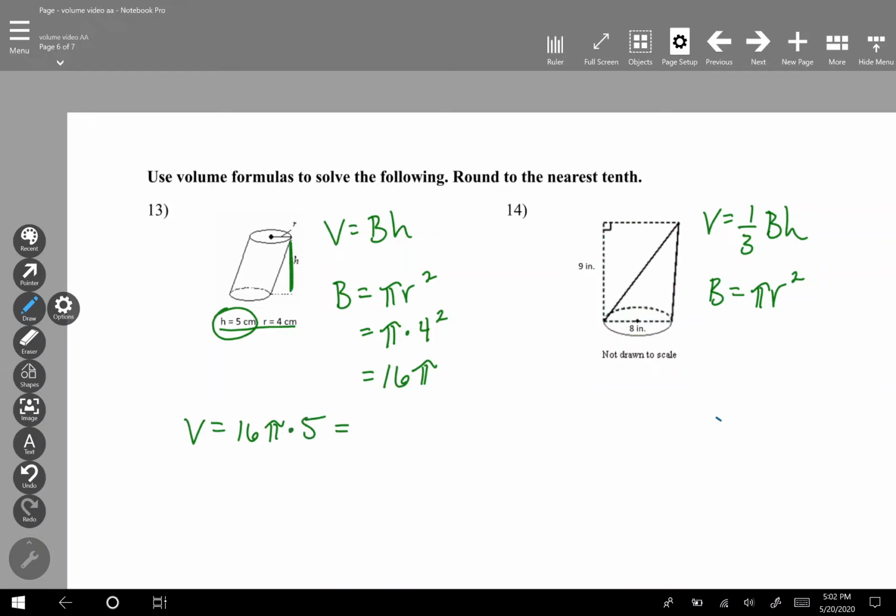So I'm going to have it in terms of pi first, so 16 times 5, that's 80 pi. If I want to round it to the nearest tenth, I just do 80 times, and then I use the actual pi button on the calculator. It's 251.3.